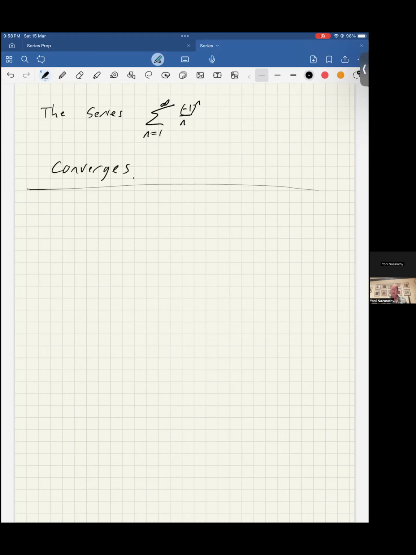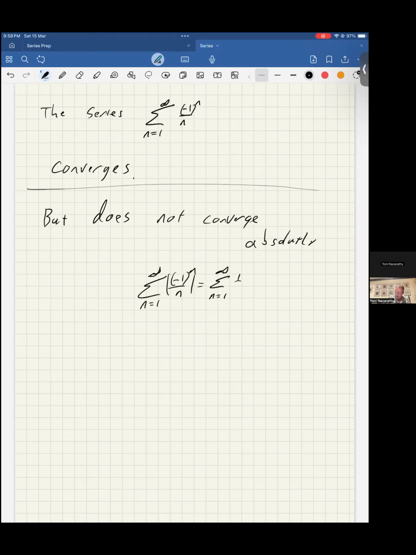Now, what does this mean? Well, let's see. Is it absolutely convergent? No, it does not converge absolutely, right? Because when you look at the series sum n going from 1 to infinity of -1 to the power n over n and put that in absolute value, you just get the series sum of 1 over n, which is the harmonic series, and it diverges.